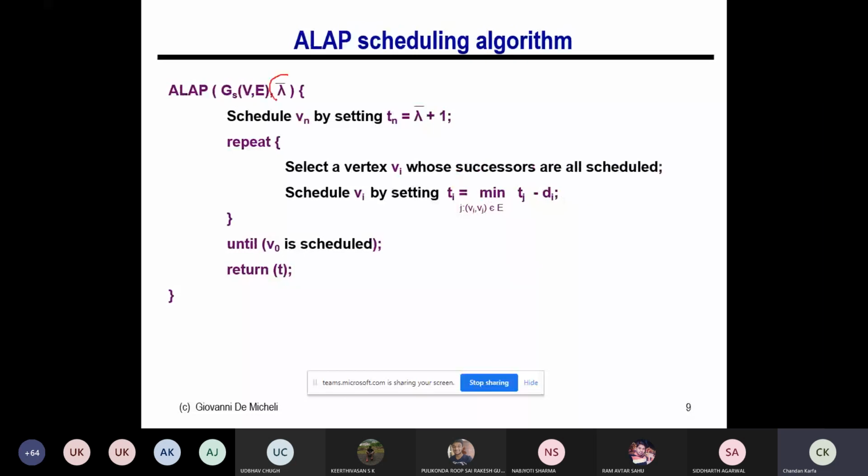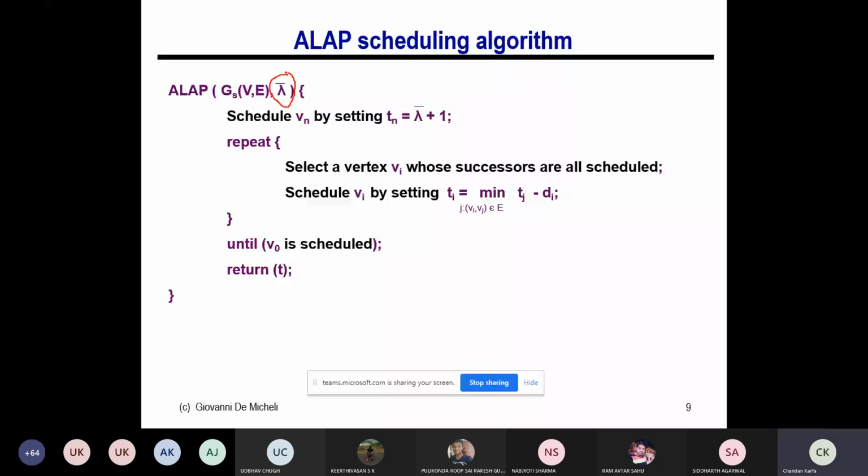So if you run ALAP with lambda equal to 4, you will get one set of start times of the variables. If you give lambda equal to 10, you will get another set of start times. That will vary, because ALAP, based on the limit given, will try to find the latest possible start time of the variable. So the mobility calculated for lambda 4 will be different from when you consider lambda equal to 5, because the ALAP solution is completely different, right?